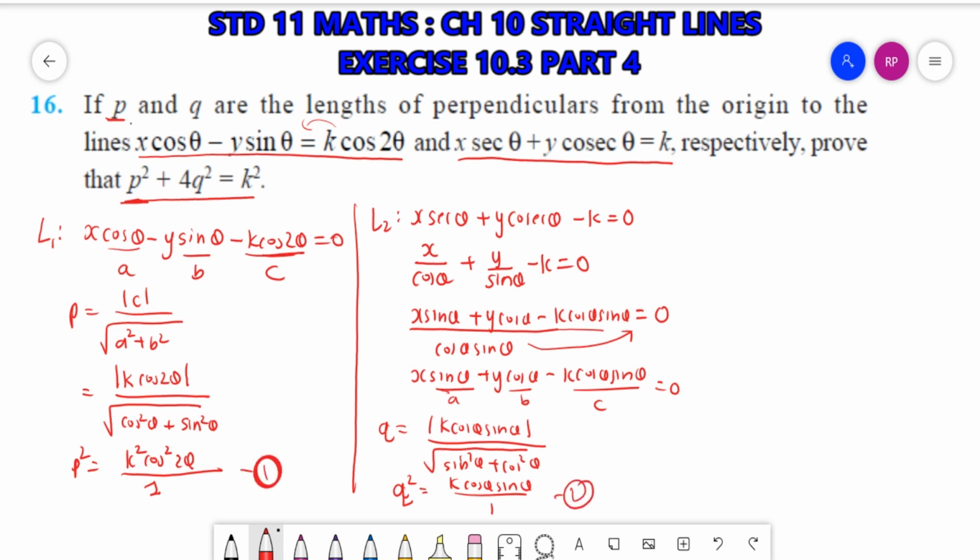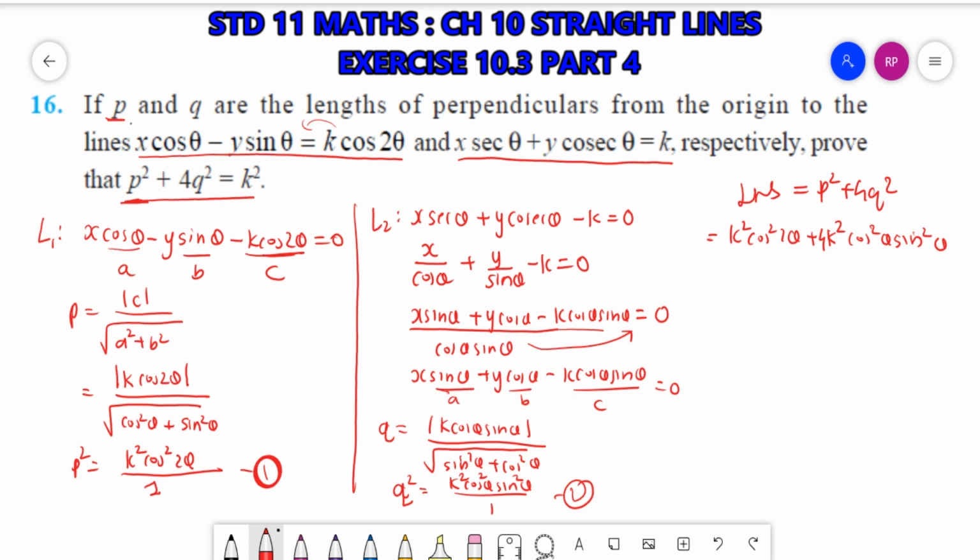Now let's take LHS, that is p square plus 4q square. Sorry, there is a mistake. It will be k square cos square theta sin square theta for q square. So LHS is p square plus 4q square, so this will be k square cos square theta plus 4k square cos square theta sin square theta.